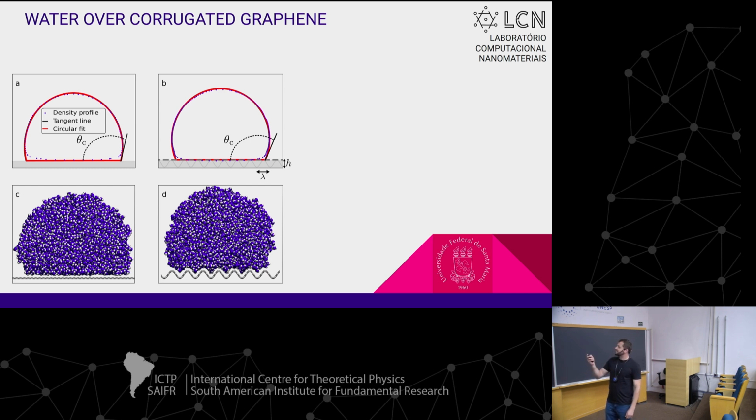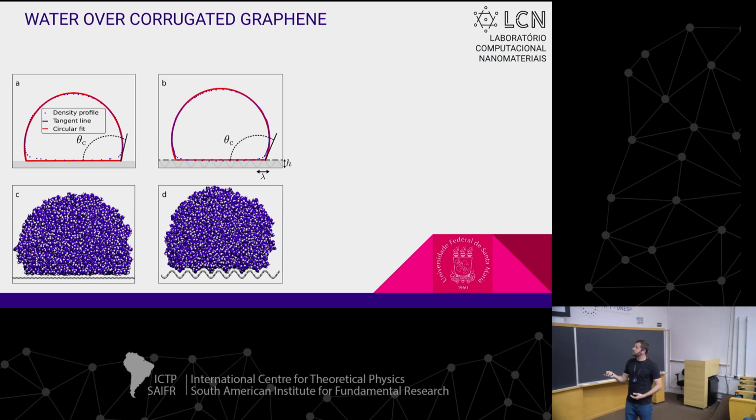Okay, but the important thing is the definition of the contact angle. As in experiments, in simulation it becomes more difficult when you go to the nanoscale. So this is a nanodroplet, and if you look at the interfaces here, the edges of the droplet are not that smooth, so you have to find a way to interpolate this and find the contact angle.